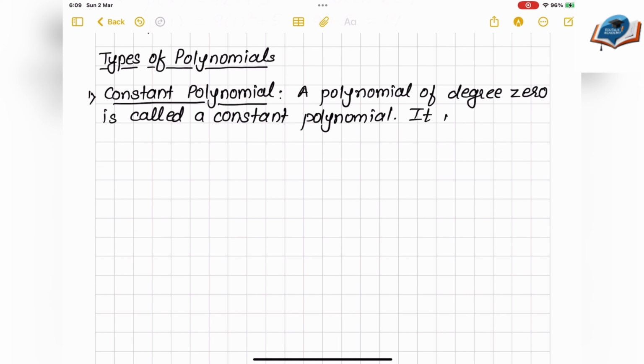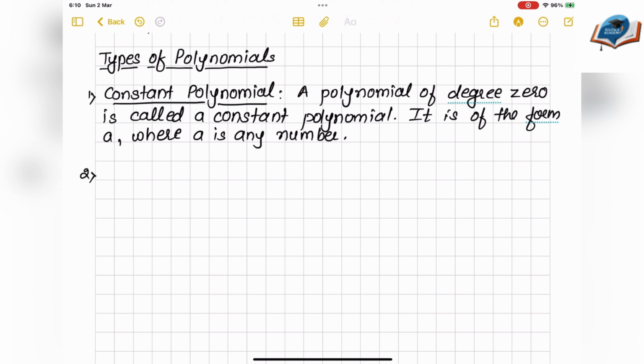It is of the form A, where A is any number.